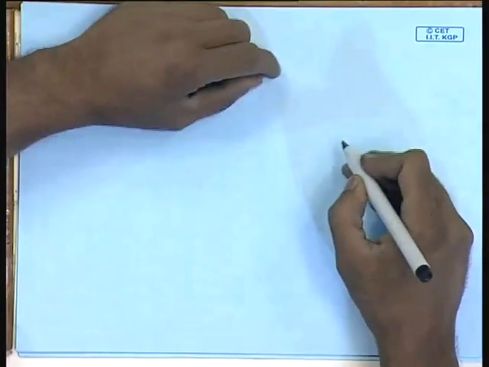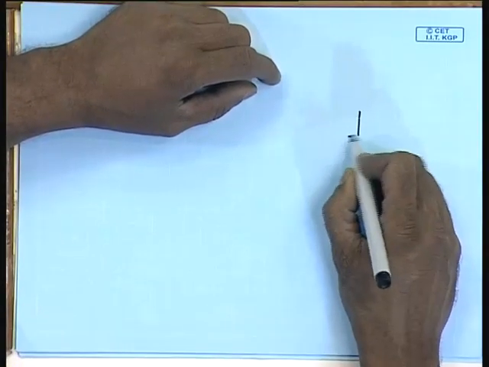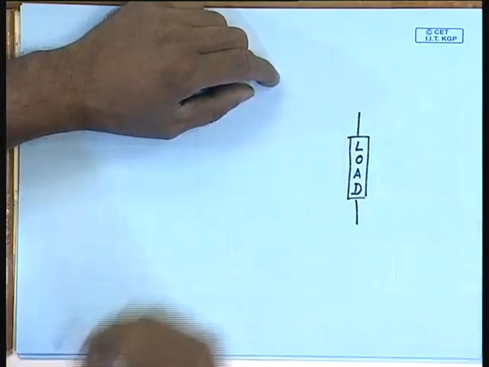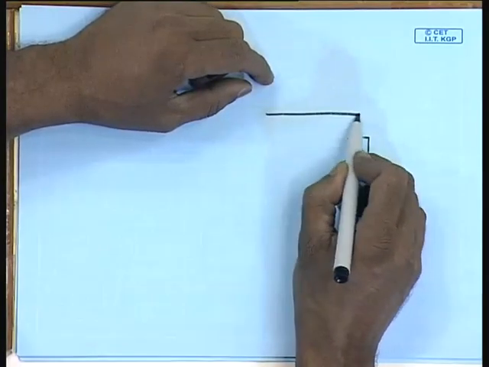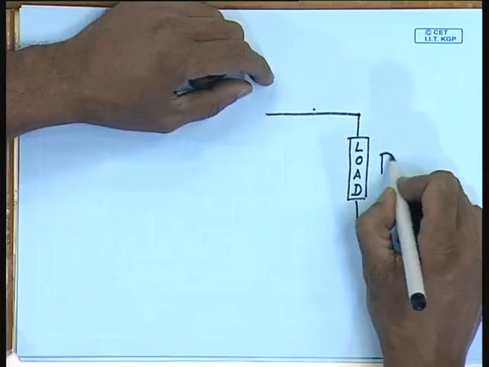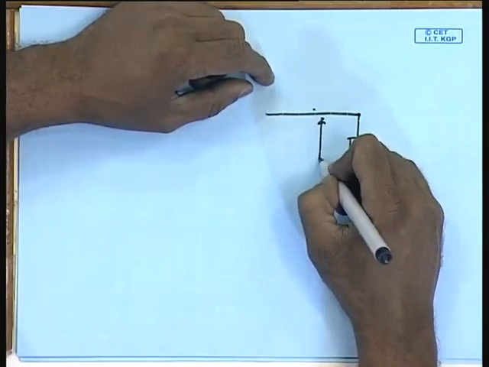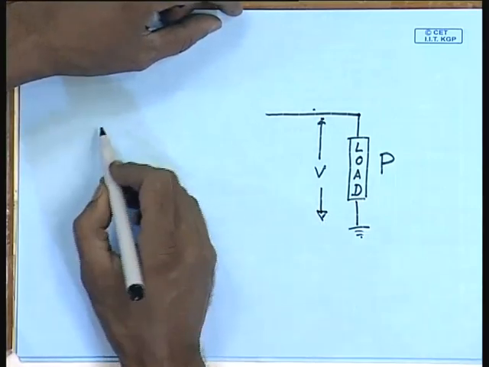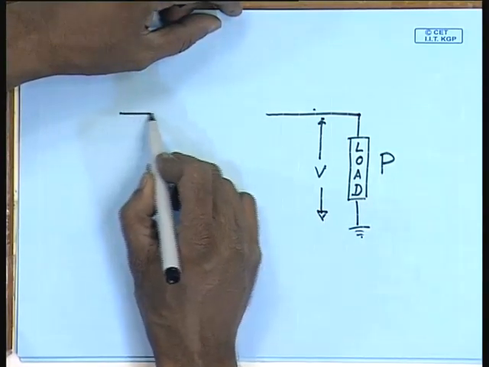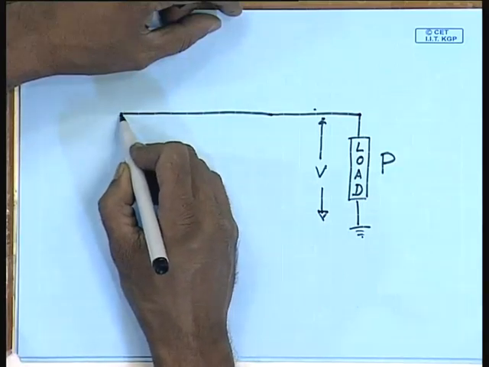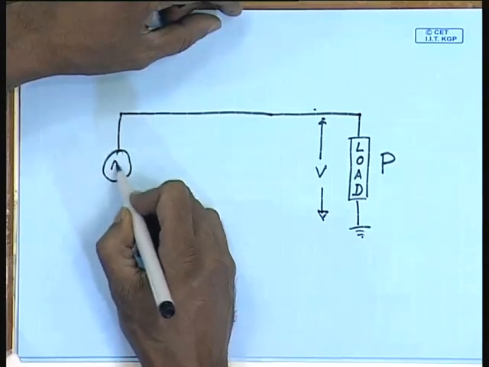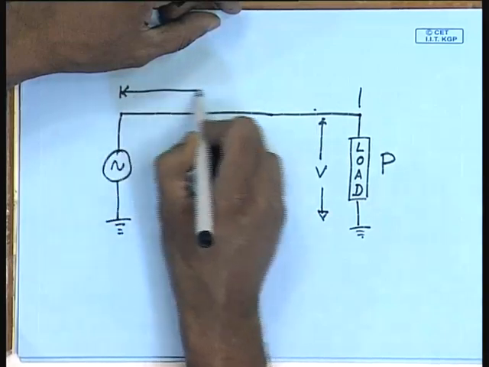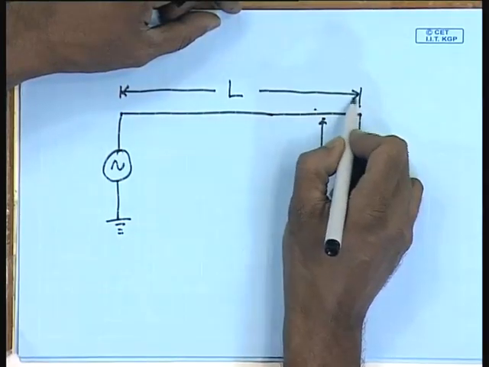Let us say there is a load which needs P amount of power at a voltage of V, and this power is being transmitted from a generating station which is some L meters away from the load.